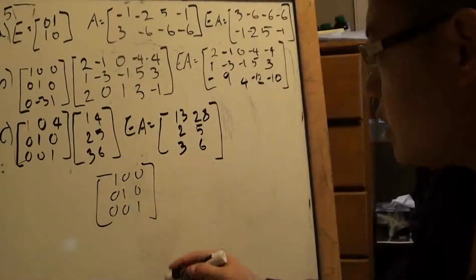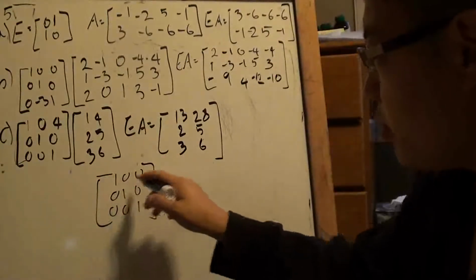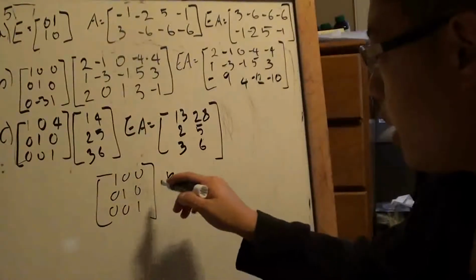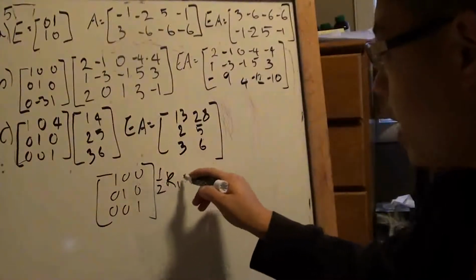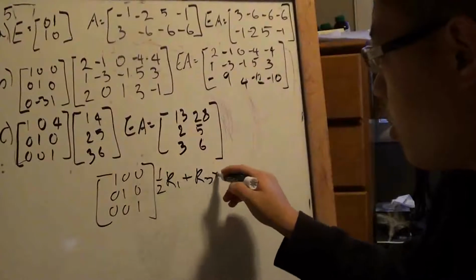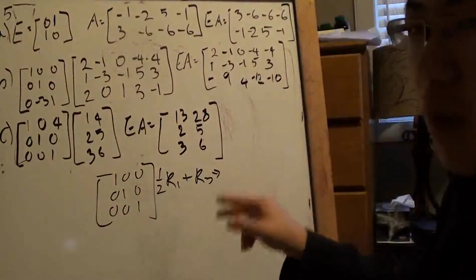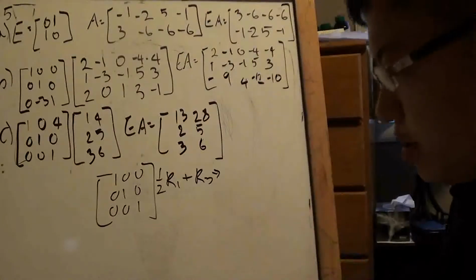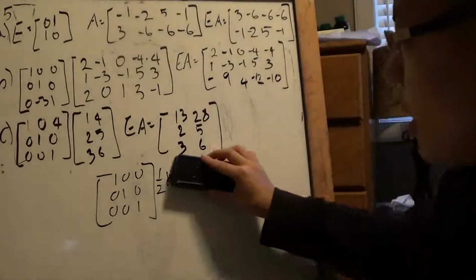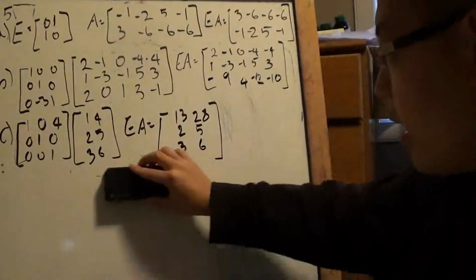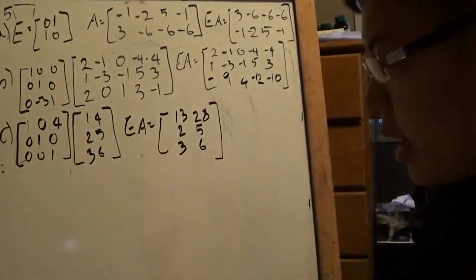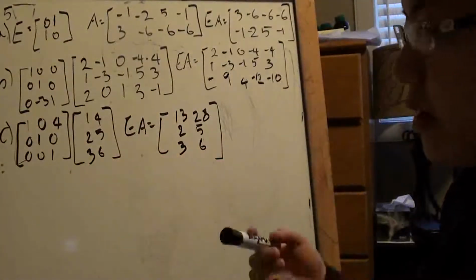Then I use row 1, and then maybe I times it by half and add it to the third row, right? So the important thing is I've only made a change once from the original elementary matrix. If you do multiple changes, then this concept cannot apply. So bear that in mind, right?